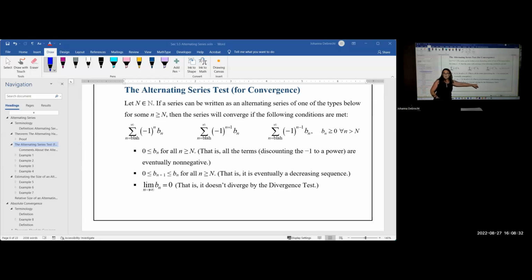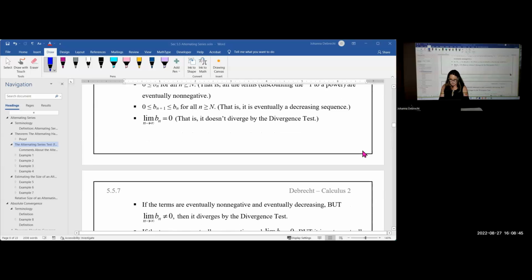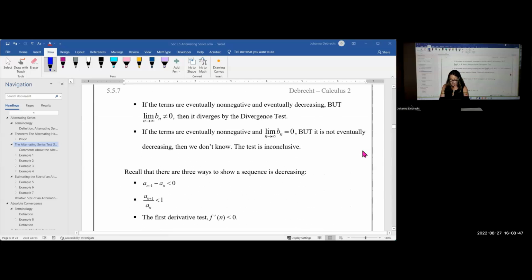In other words, we still want to check the divergence test and make sure it doesn't diverge by the divergence test. If we have these conditions met, that at some point the b sub n's are positive, they're decreasing, and the limit of the sequence goes to 0, then we can say that it converges by the alternating series test.